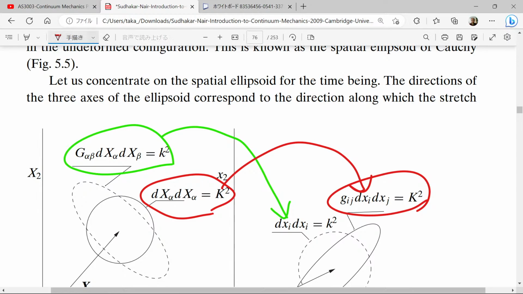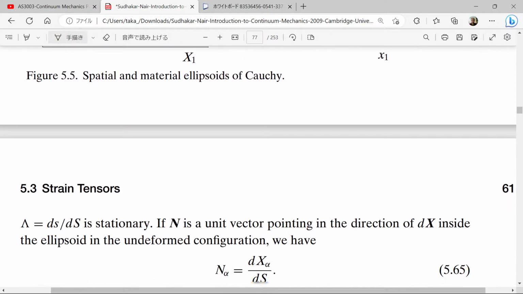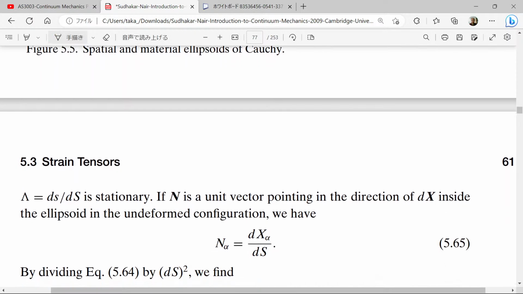See, the three axes of the ellipsoid correspond to the direction along which the stretch is stationary.